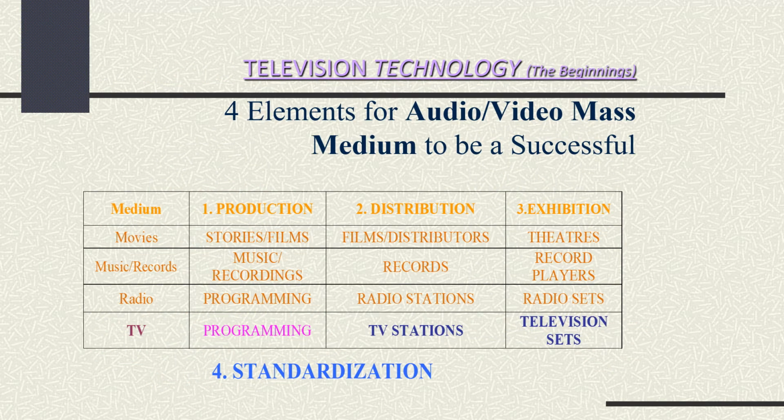So where we are as far as the 4 elements of audio and video mass medium to be successful for television is that the technology has made a step forward. We have the technology itself, that is the exhibition technology, that is images can now be created, can be put together, and then displayed in the exhibition on television sets.